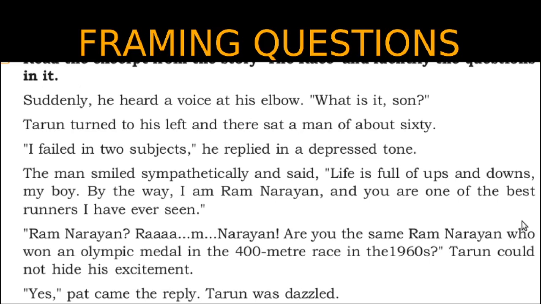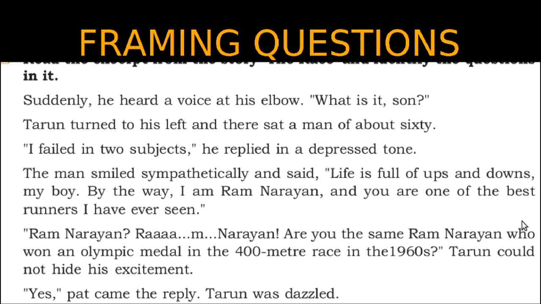By the way, I am Ram Narayan, and you are one of the best runners I have ever seen. Ram Narayan? Ram Narayan? Are you the same Ram Narayan who won an Olympic medal in the 400-meter race in the 1960s? Tarun could not hide his excitement. Yes, came the reply.